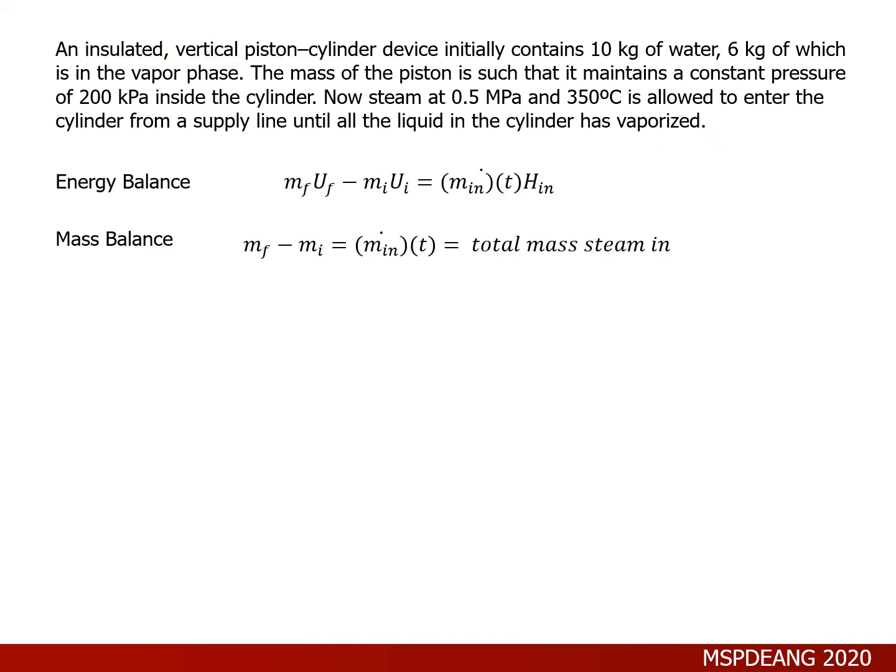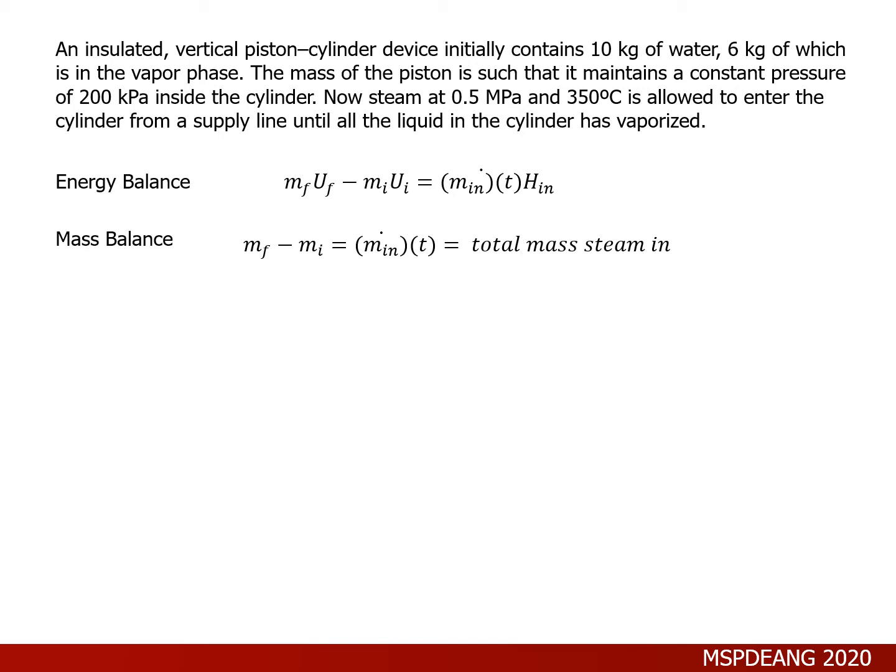Okay, so we now have our energy balance expression, and we also have our mass balance expression. And we can further simplify this since we don't know the whole time scale of the process. We just know that our final process is done when all the liquid water inside the cylinder has been vaporized.